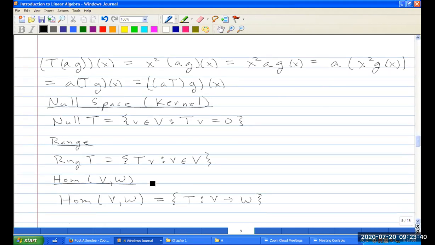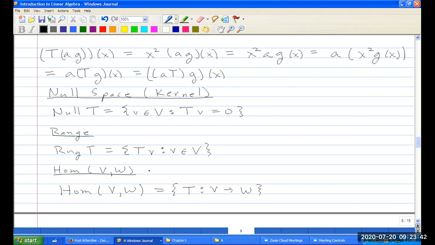This is also Hom(V,W), or L(V,W): the set of all linear transformations from V to W. Sometimes it's called Hom, H-O-M, V comma W, or L(V,W).